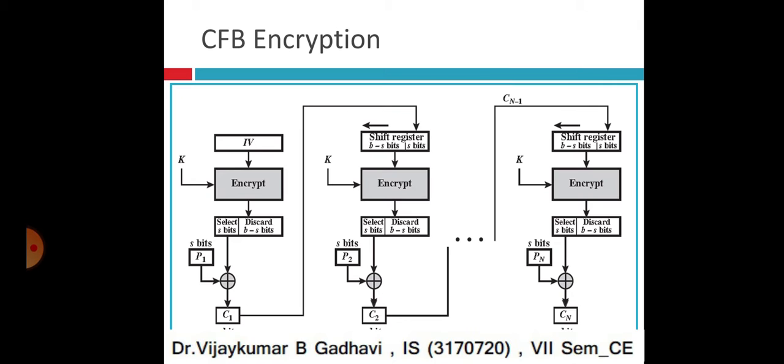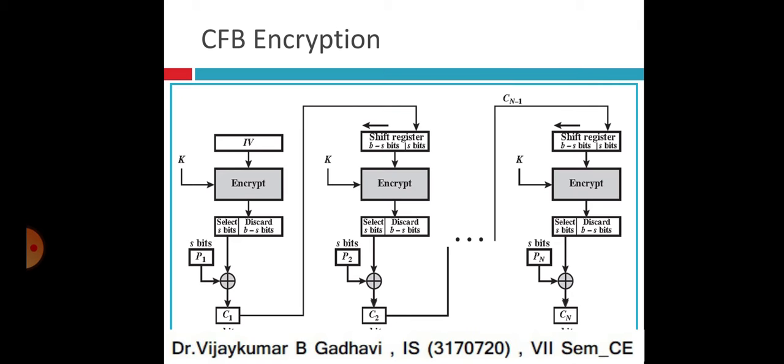Then we need to select S bits. Here we discard B minus S bits. Then the S bits go to the shift register. Once again we apply K. K means key. Key size is 64 bit.